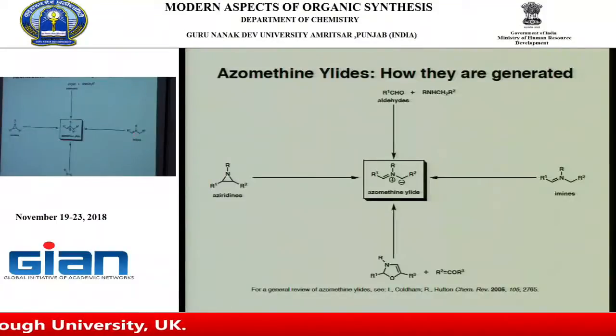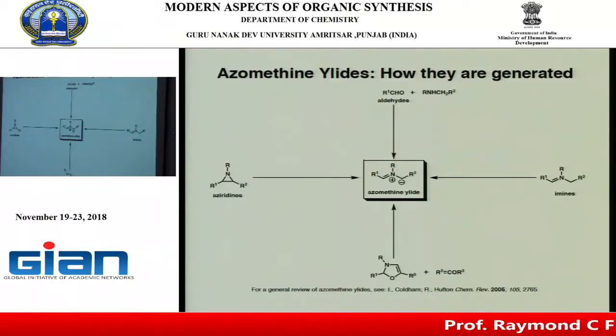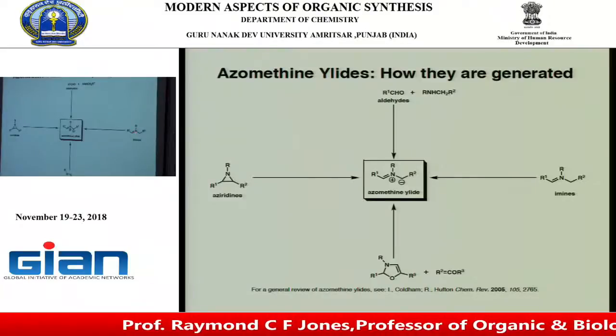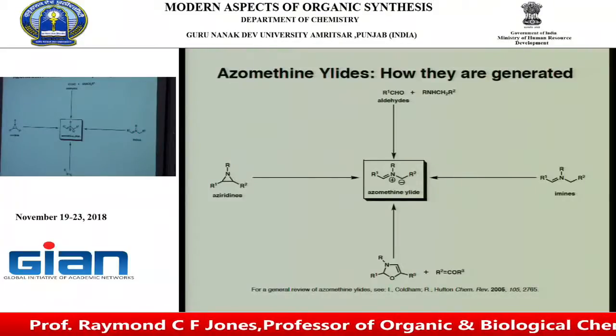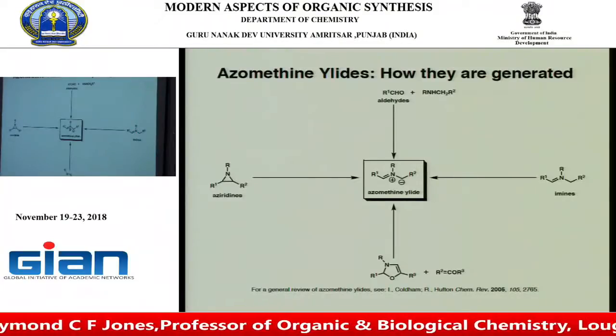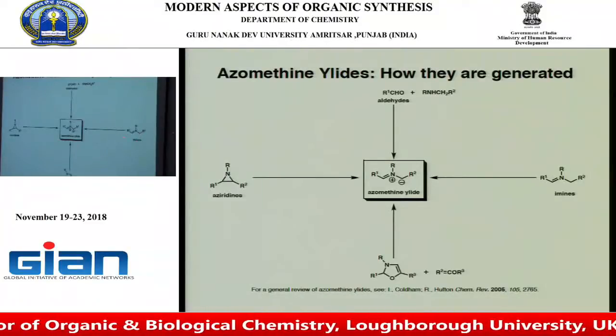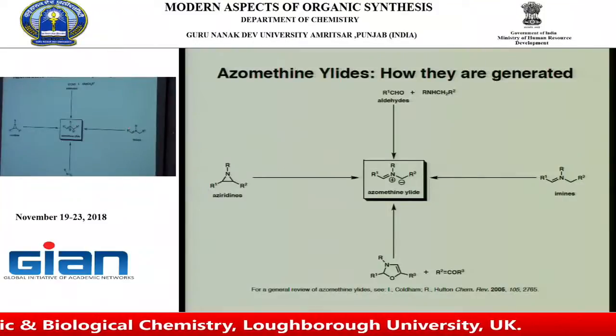Taking an imine, which should have a positive charge there, and deprotonating it will also give you the ylide. That's a mistake. I borrowed this slide from someone else, so it's not my fault. You can either deprotonate an iminium salt like this.